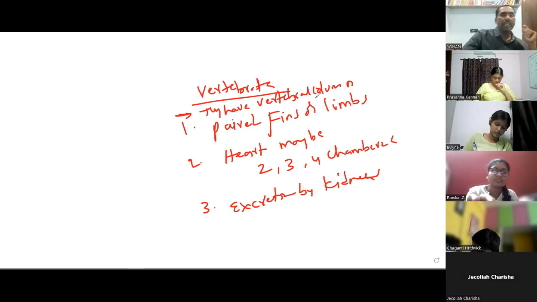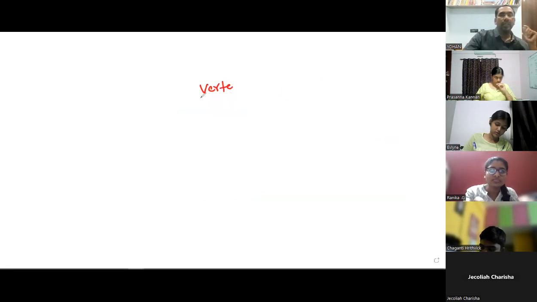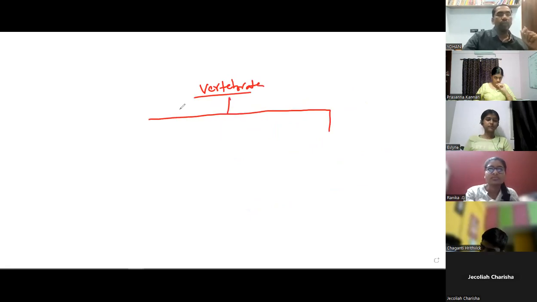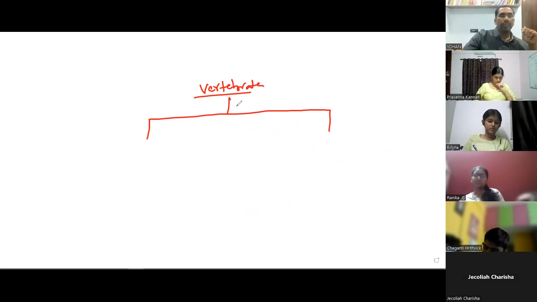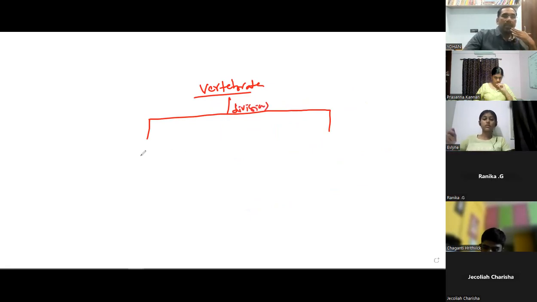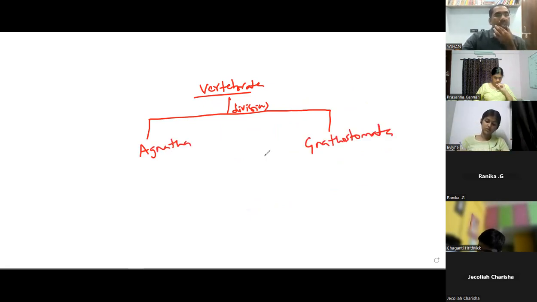Next, coming to the classification of Vertebrata. The Vertebrata is divided into two divisions: Agnatha and Gnathostomata. Gnatha means jaws.